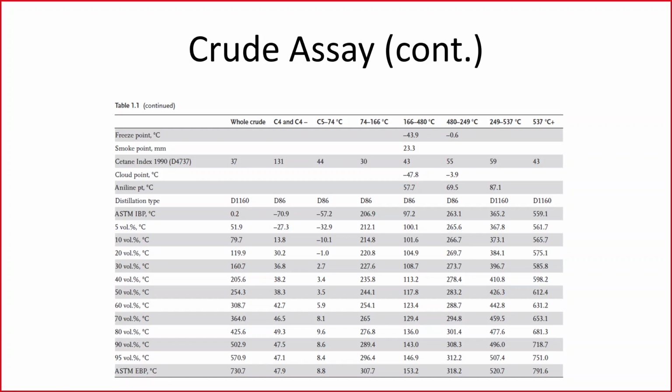And then they make what we call a boiling point curve. This is the initial boiling point, so they can measure that, and this is the end boiling point, or the EBP.